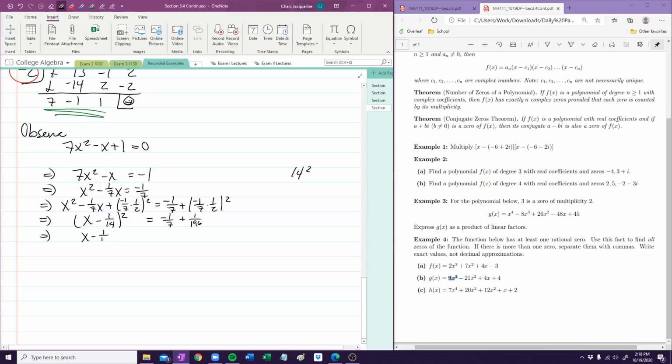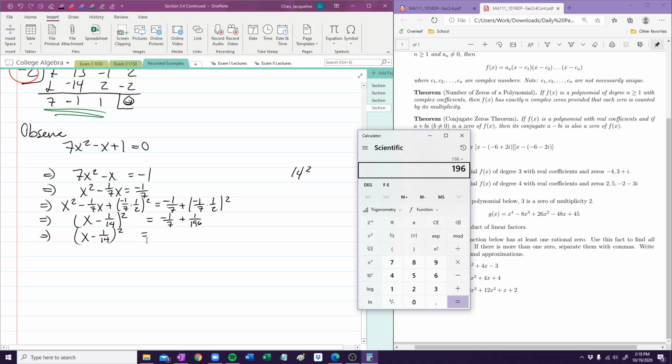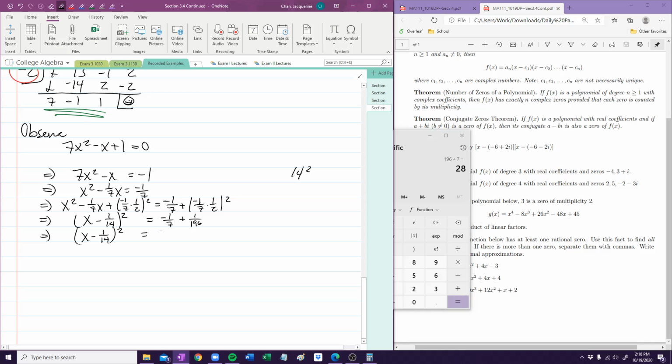We want to combine the negative 1/7 and 196. So, okay, one second. So that's 28. So this is going to be negative 28 over 196 plus 1 over 196.